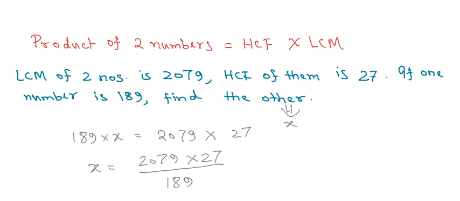So 189, 27 7s are 189, and so it comes to 297. So the other number is 297.